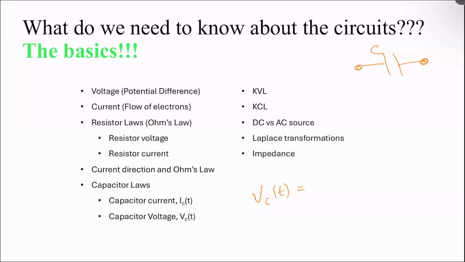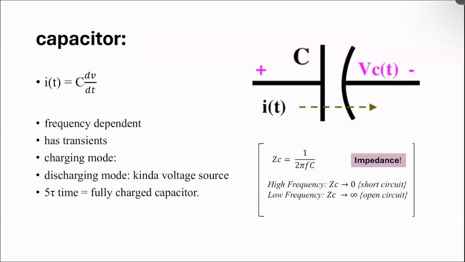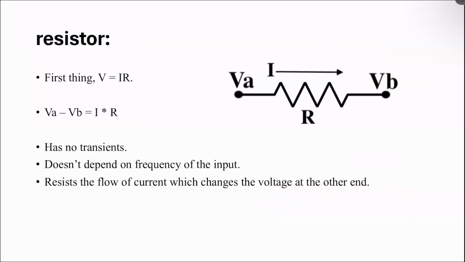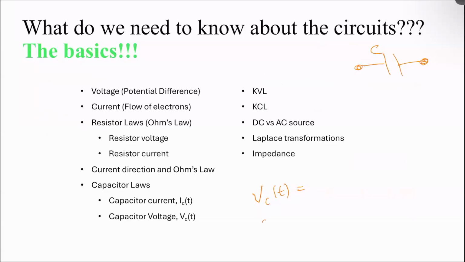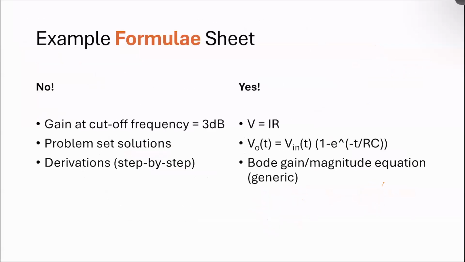I don't remember. Make sure to add that on the formula sheet. Will that be IZ? Yeah. Remember this? Your IC of t is equal to C dV by dt. So what is your VC?